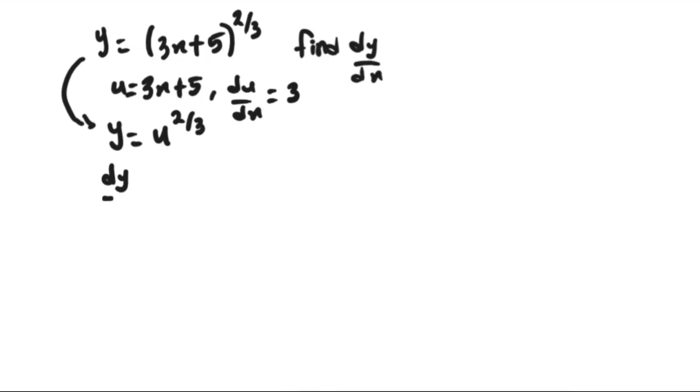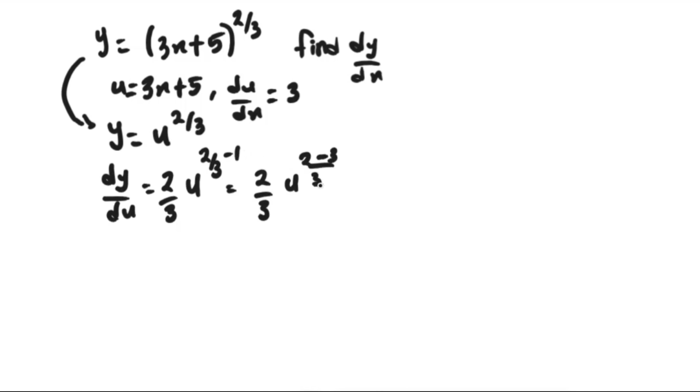So dy/du, 1 times 2 over 3, that will give us 2 over 3 u raised to the power 2 over 3 minus 1. So this is 2 over 3 u raised to the power 2 over 3 minus 3 over 3, which is 2 over 3 u raised to the power minus 1 over 3.